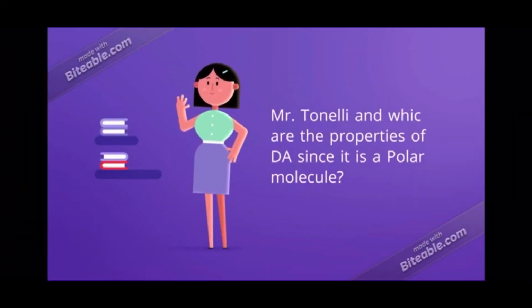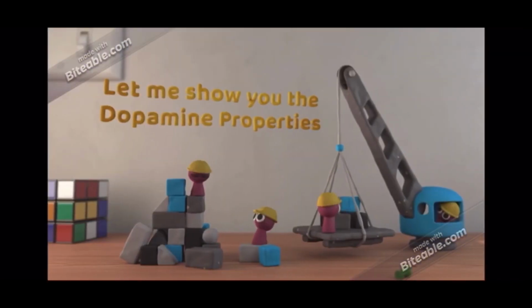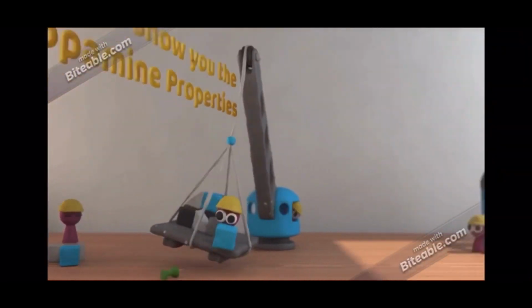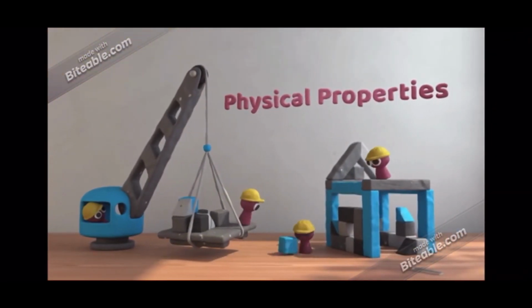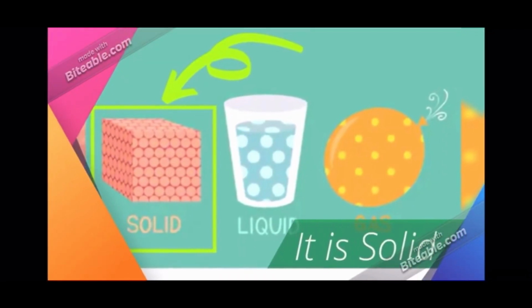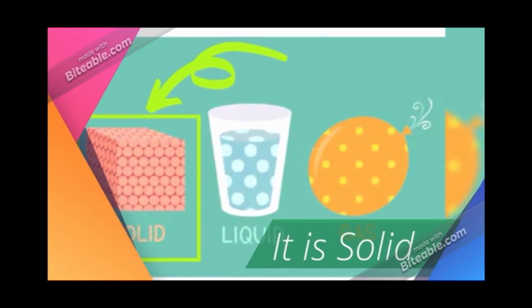Mr. Tonelli, and which are the properties of dopamine, since it is a polar molecule? Let me show you the dopamine properties. First, let's start with the physical properties. It is a solid, as you can see in this image to the left.